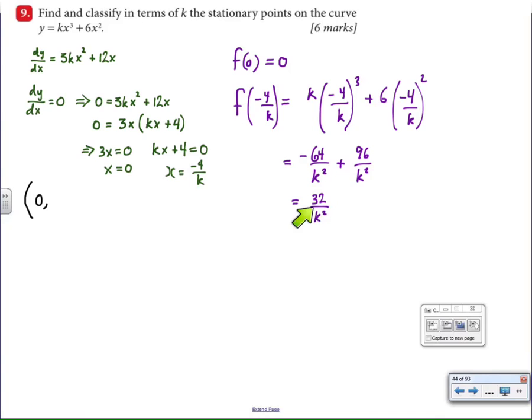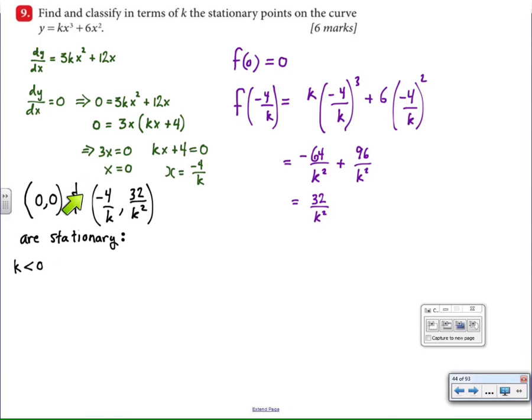The nice thing about this result is no matter what k is, 32 over k squared will always be positive. So given the fact that 0, 0 is a stationary point, I know that the other stationary point will always be above 0. So this is always going to be a maximum, and this will always be a minimum in the neighborhood.